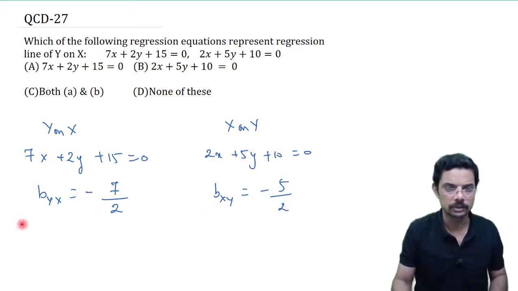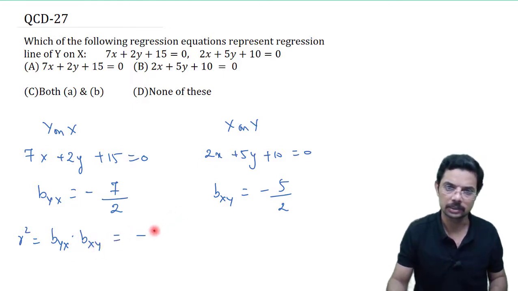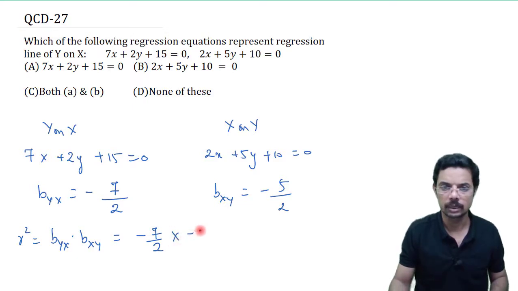Now let us check. r square is equal to byx into bxy, that is minus 7 by 2 into minus 5 by 2. 7 5s are 35, divided by 4.